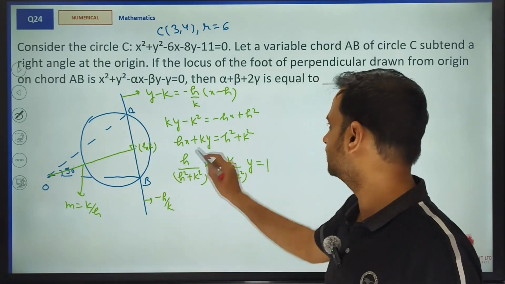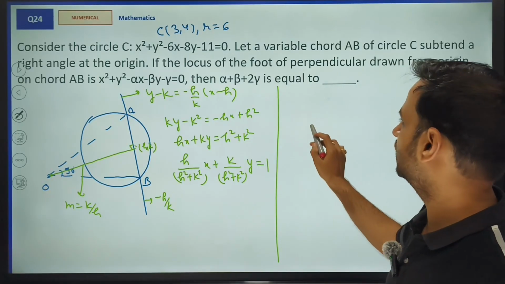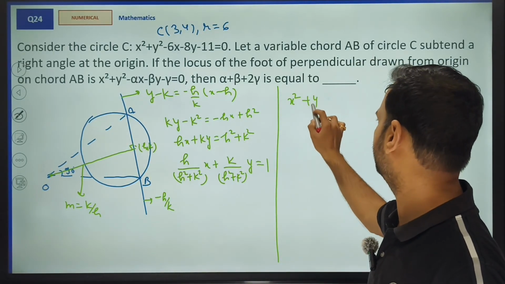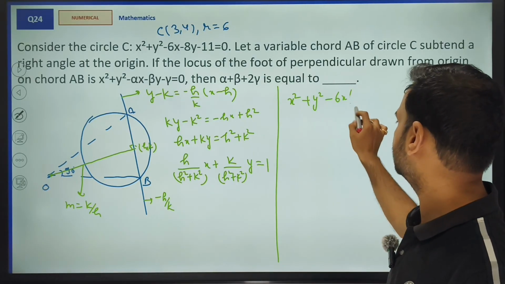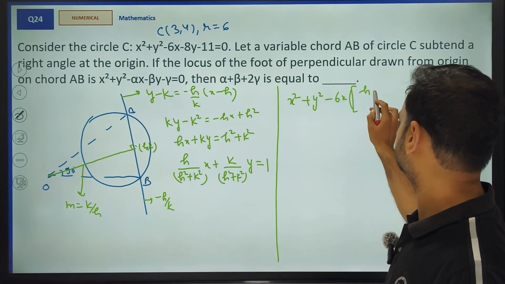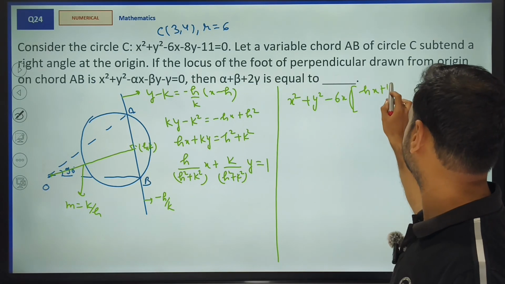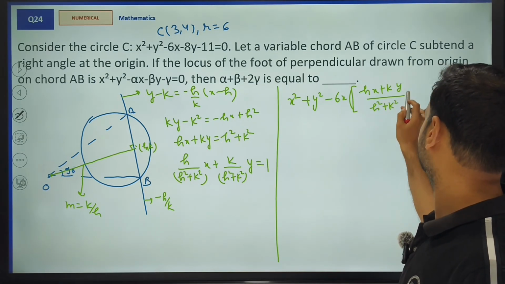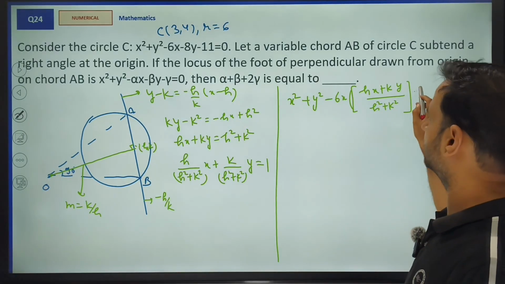We need to homogenize it with the circle. So let us homogenize. X square is already 2 degree, no need. Y square is already 2 degree, x is 1 degree. So we have to put hx plus ky upon h square plus k square. Okay, we have to multiply it by 1.